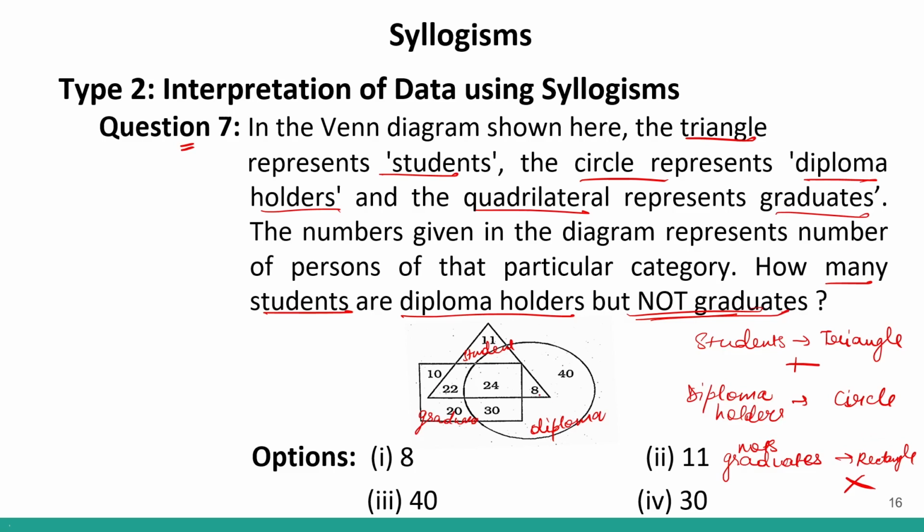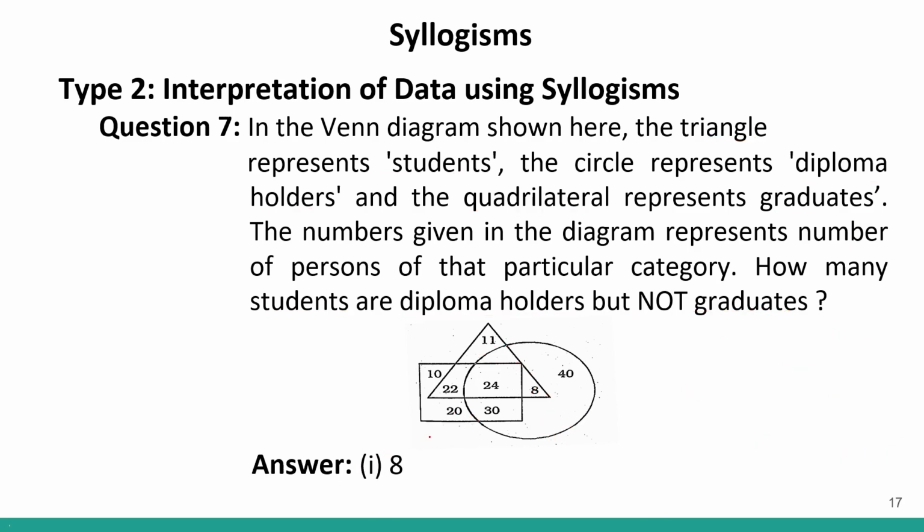If I look at the image, I can see this area is triangle and circle but not quadrilateral, and this area is 8. So my answer will be option number 1, 8. Eight students are diploma holders but they are not graduates. Clear? This is how you solve questions on type 2, interpretation of data using syllogisms.